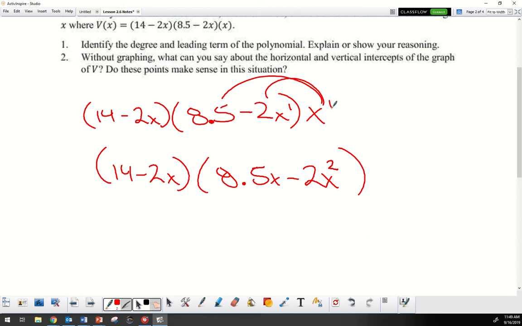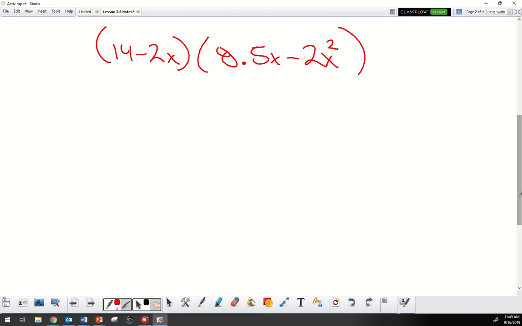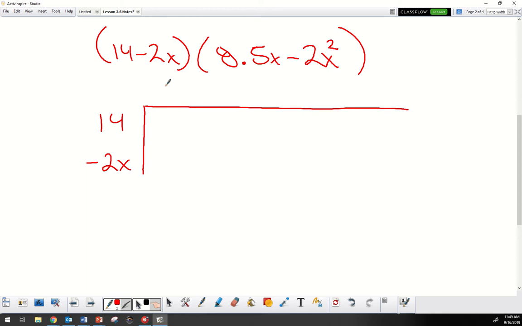Okay, so I'm going to do this slightly different than what I did before. I'm going to do a distribution using a box. So I'm going to distribute this, so it's going to bring 14 and negative 2x, then I have 8.5x, and then a negative 2x squared.